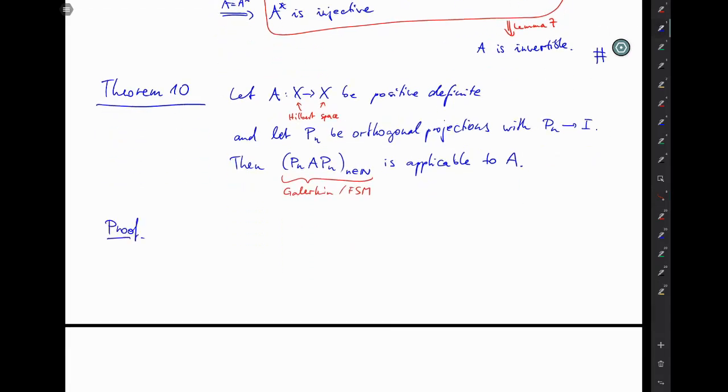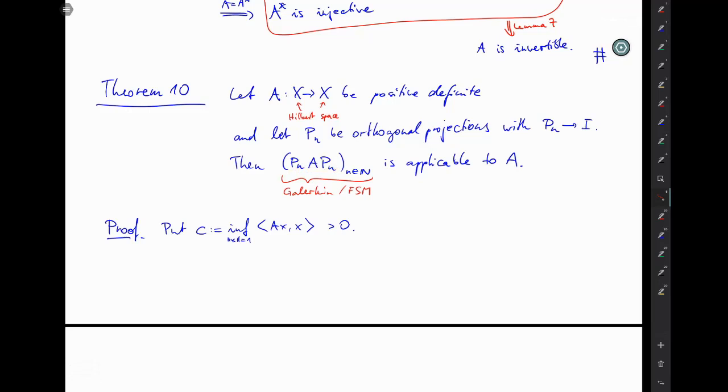So let's start by introducing the little c as we did in lemma 9. And now remember Polsky's theorem. So for applicability of this method here, we need to show stability, and we also need invertibility of A. Okay, for stability we need invertibility of Pn A Pn, of course on the little subspace Xn for sufficiently large n.